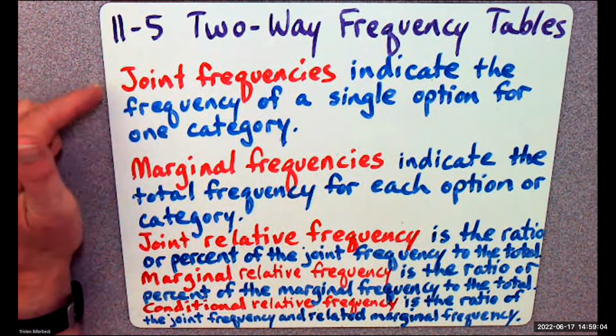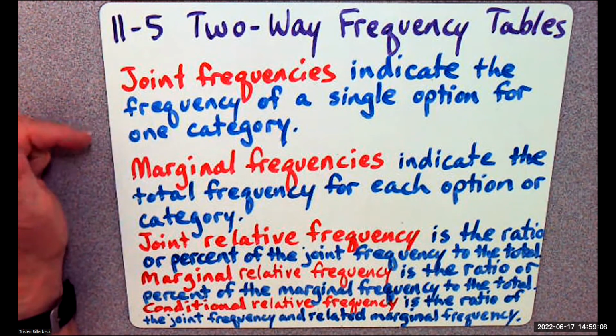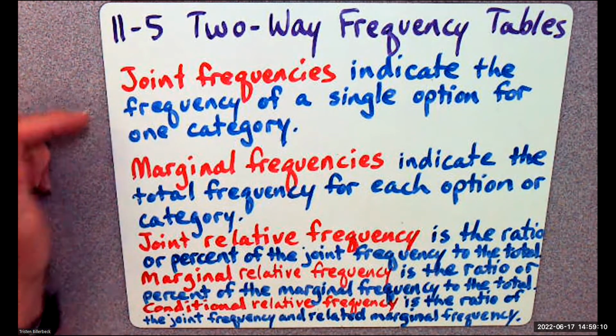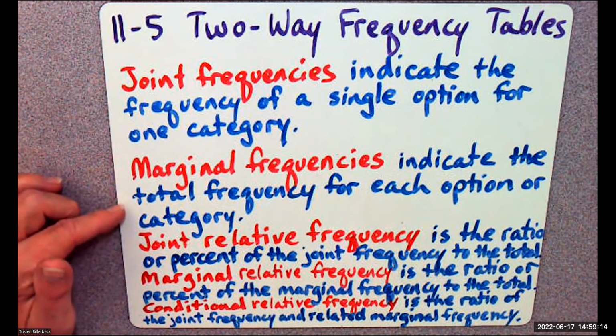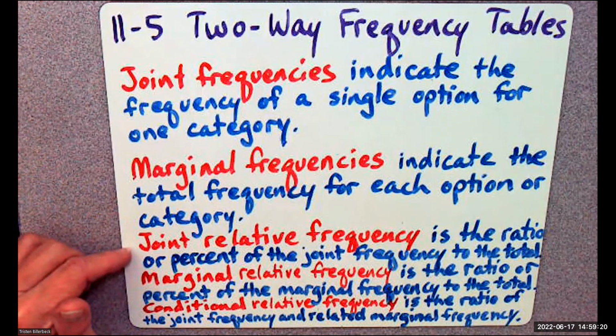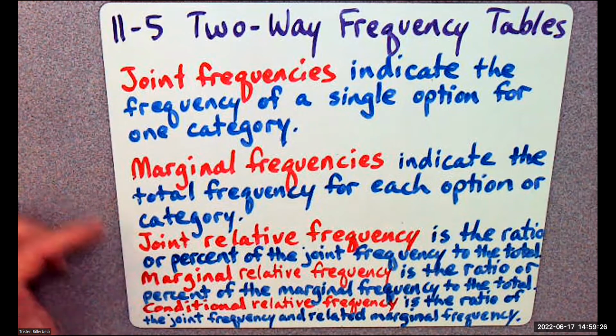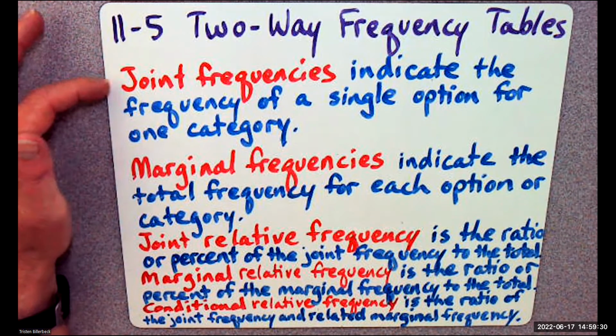So we have joint frequencies, which indicate the frequency of a single option in one category. Marginal frequencies indicate the total frequency for each option or category. Joint relative frequency is the ratio or percent of the joint frequency over the total.